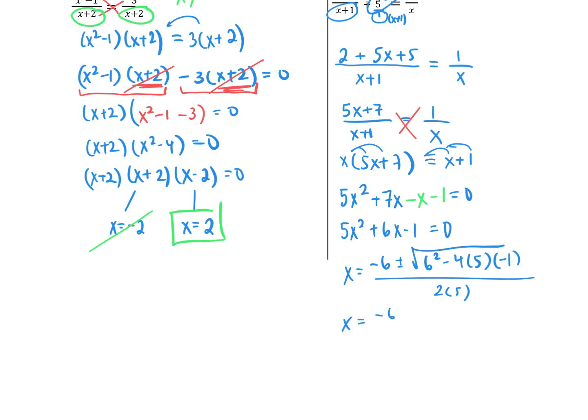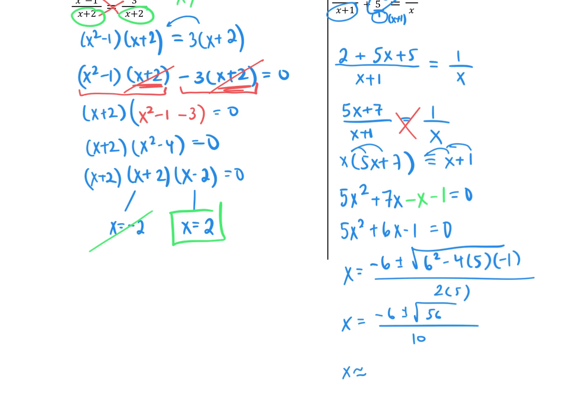Just going to clean up, -6 plus or minus, and then under that radical we have 6 squared minus 4 times 5 times -1, which is 56, all over 10. And now just going to punch this.